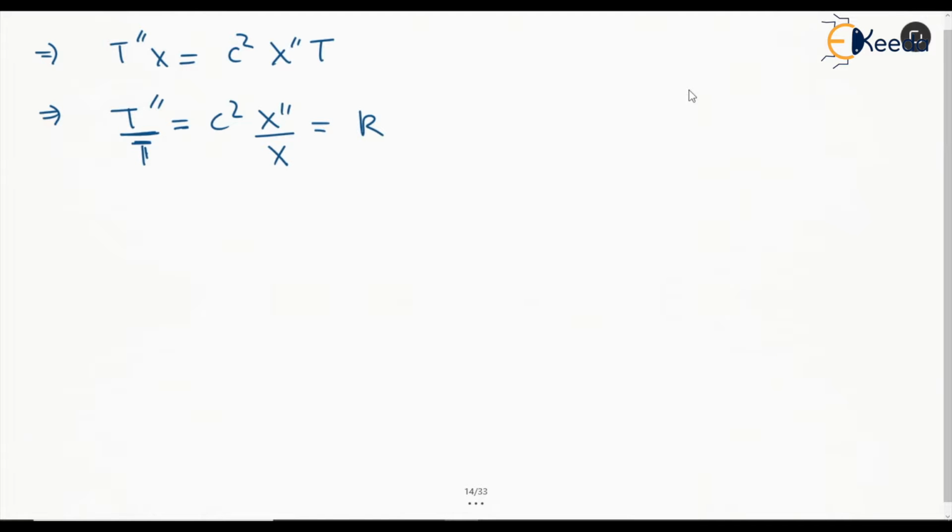So I can say it is going to be k, because it cannot depend on either of the variables x or t. So let's take it as a constant. That is the only possibility we can have. That way we have T double dash by T is equal to k, and c square X double dash by X is equal to k.